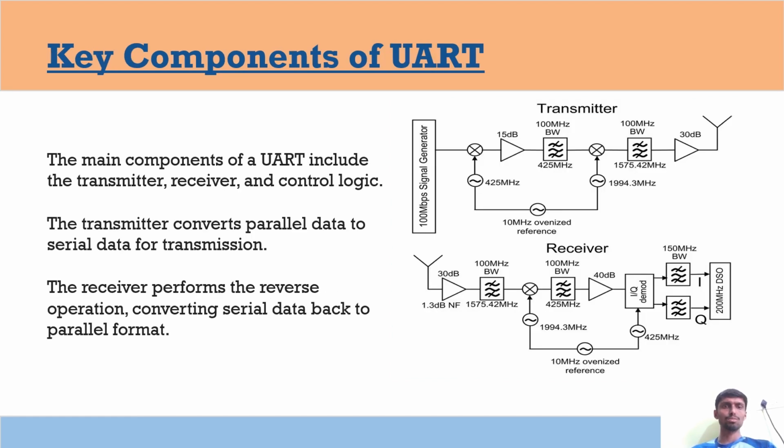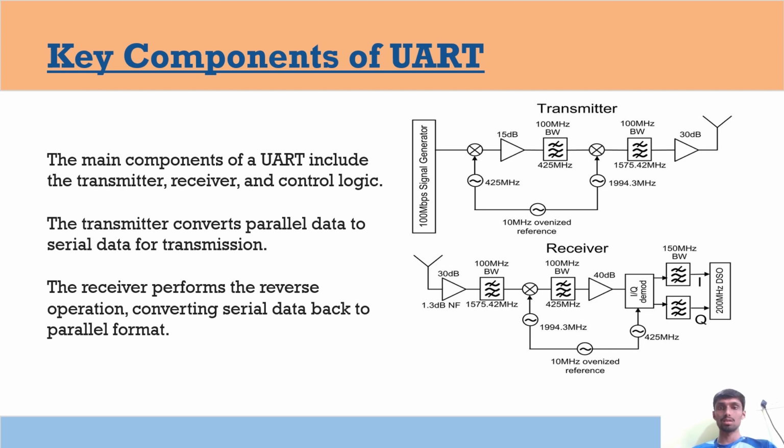And these are some key components of UART. The main components of UART include the transmitter, the receiver, and the controlling logic. The transmitter converts the parallel data to serial data for transmission, and the receiver performs the reverse operation, converting the serial data back to parallel format.